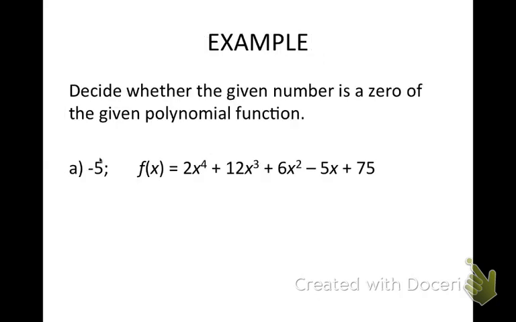Okay? All right, so for our last example, we're going to do 2 of them, an A and a B. You're going to be given a value, k, and we're going to decide whether the given number is a 0 of the given polynomial function. My value k in this case is going to be -5. And the polynomial function is f of x equals 2x to the 4th plus 12x to the 3rd plus 6x squared minus 5x plus 75.